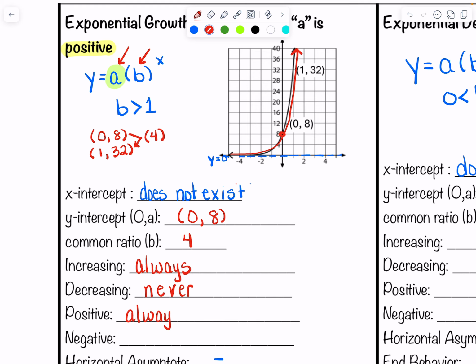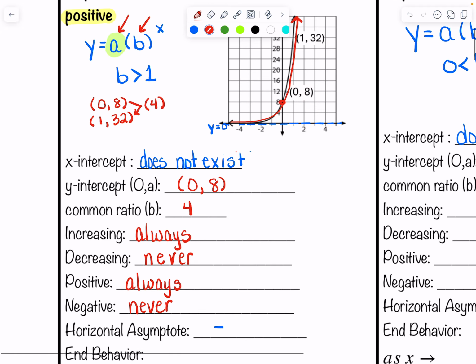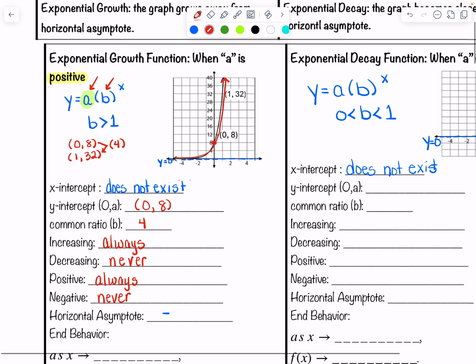So if it's always above y equals 0, then it can never be negative. Okay. Where is the horizontal asymptote? Like I talked about in Algebra 1, in this class, it's always going to be at y equals 0. That does change, but in our class, we're going to focus on y equals 0.